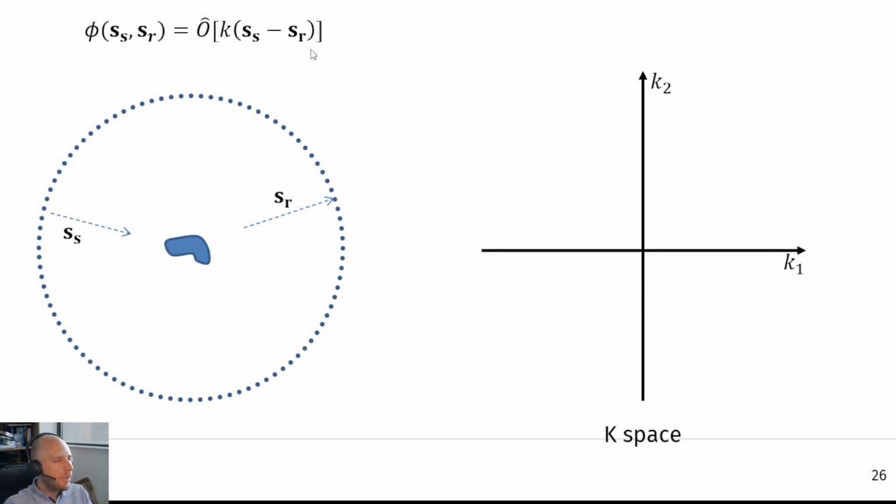We can look at this equation up here and start to work out what different measurements would correspond to in K-space. So you've taken your actual object, you've done a 2D Fourier transform, and the measurement that you've got here will be this particular point in K-space. That's based on doing K multiplied by SS, which takes us in this direction, and then K multiplied by minus SR, which takes us back in this direction, and when we add K SS plus minus K SR, it gets us this point here.